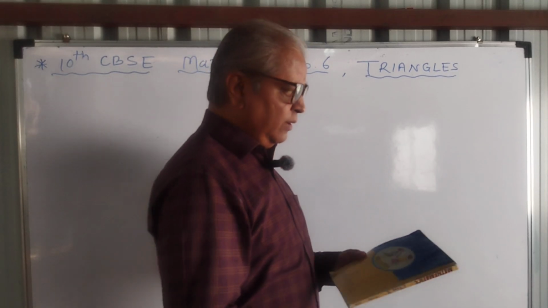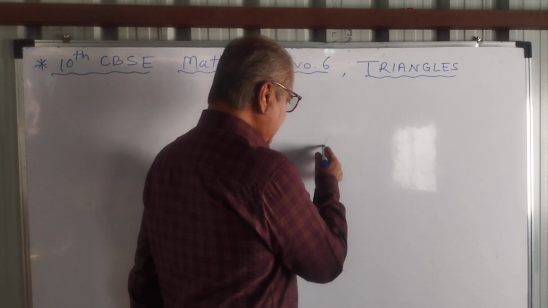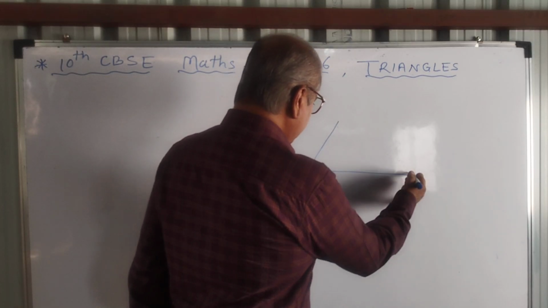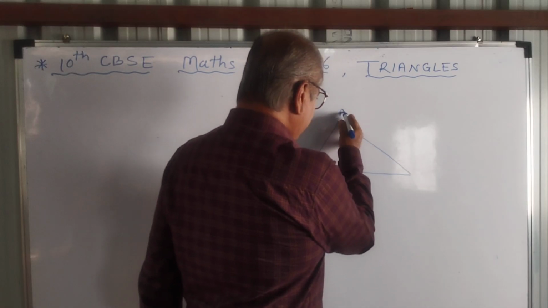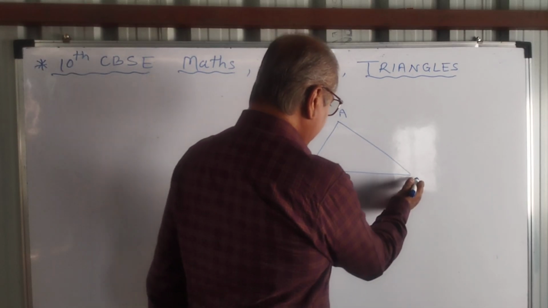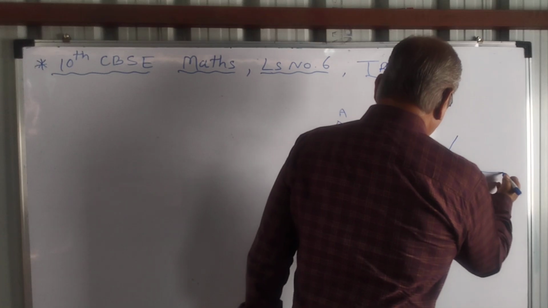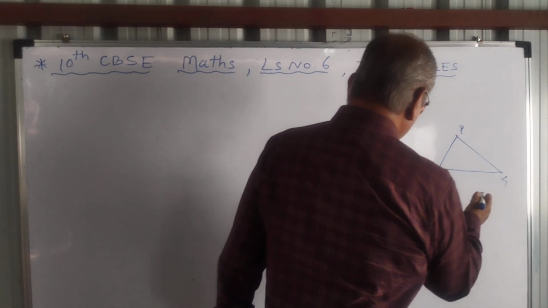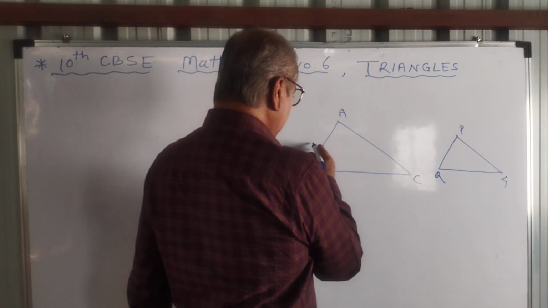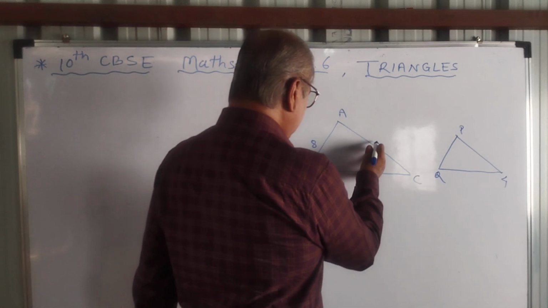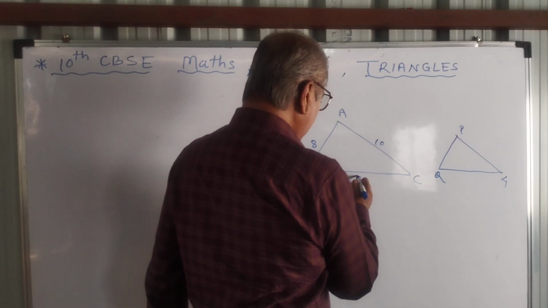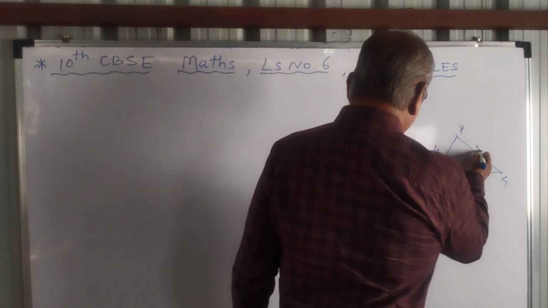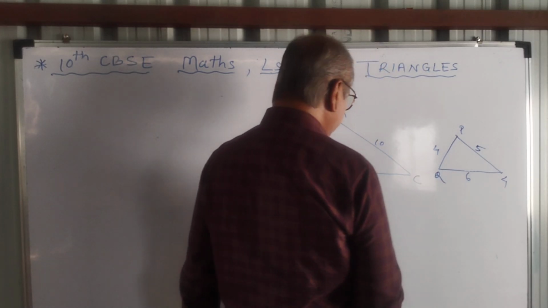For example, if you take any two triangles, suppose this triangle ABC and another triangle PQR. Let us take the sides as 8, 10 and 12, and here 4, 5 and 6.